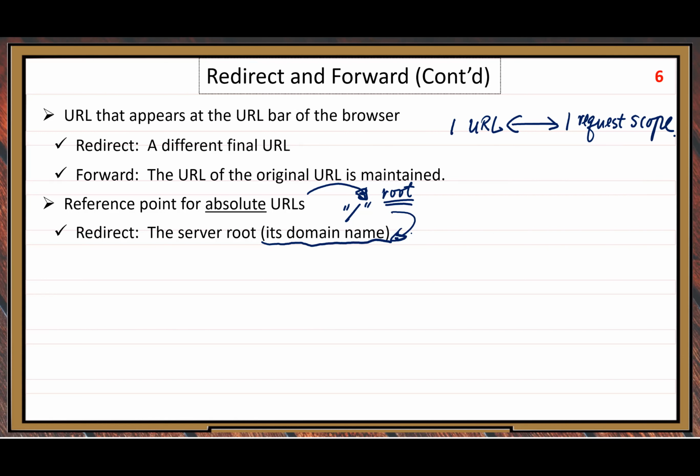When I say domain name, www.mydomain.com, for example. That means not including your web app context root.